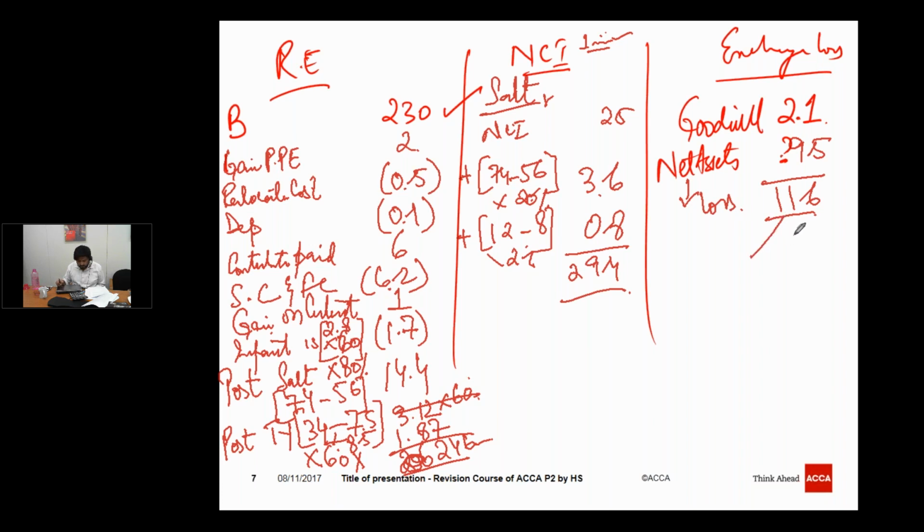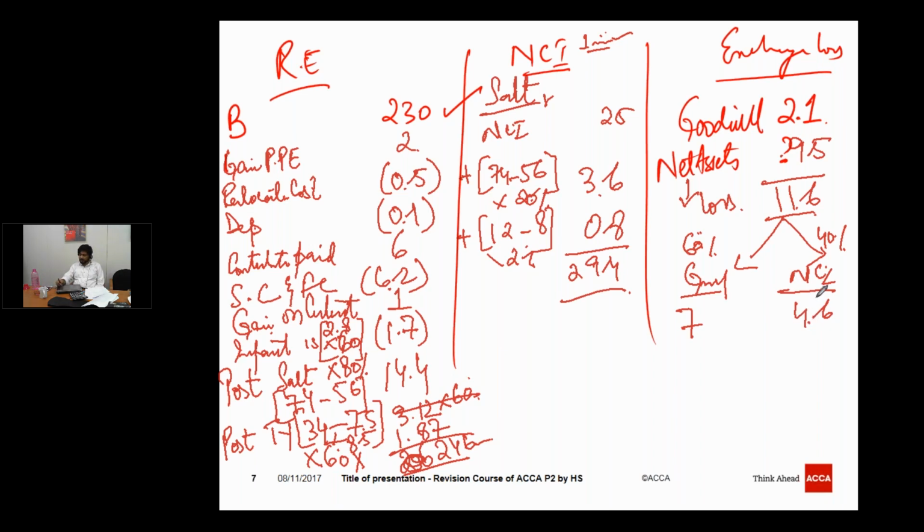So this loss should be distributed between group and NCI. So 60% of this loss should be borne by the group and 40% by the NCI. So 11.6 into 0.6 will be 6.9, approximately 7, and the remaining amount will be 4.6 for NCI.